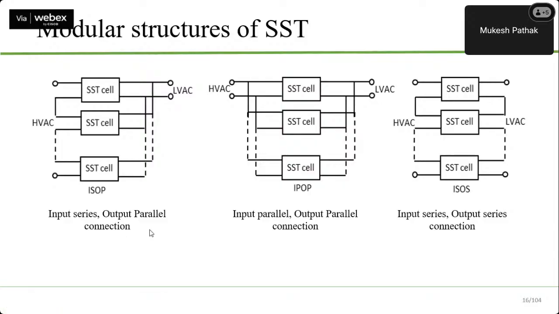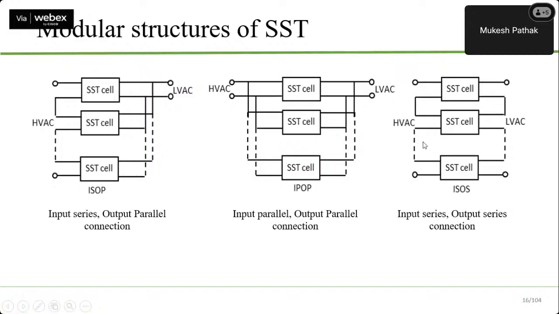Similarly, in the second one, the input side is in parallel and the output side is also parallel. So each cell will need the capability of withstanding the high voltage AC present on the grid side. The third one is input series and output also series.